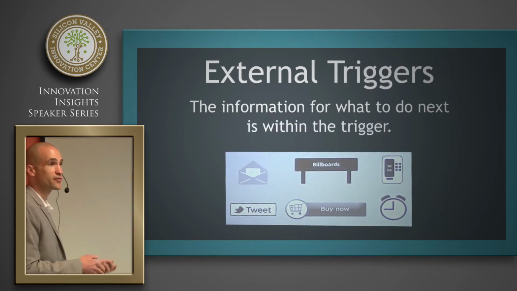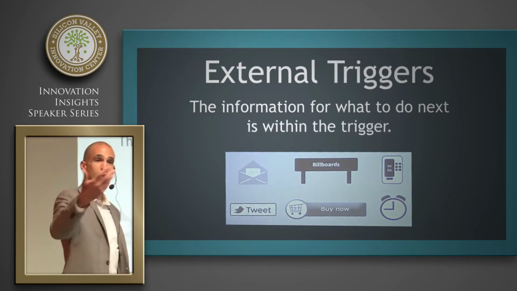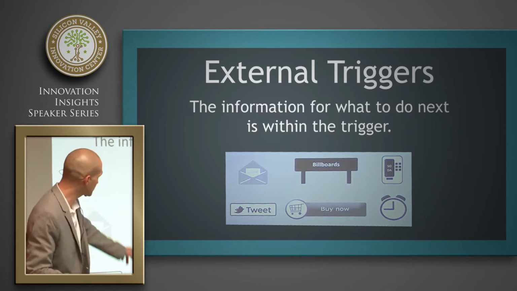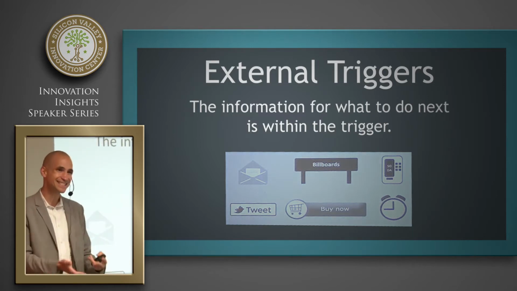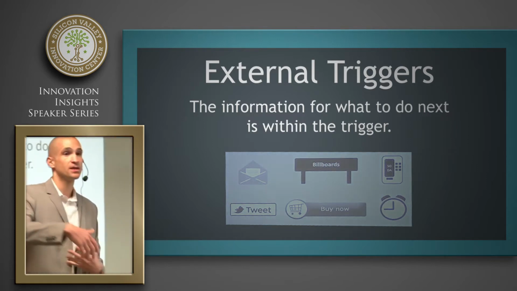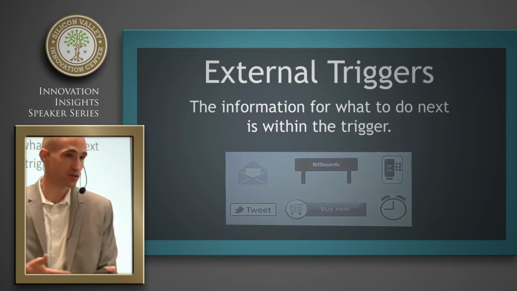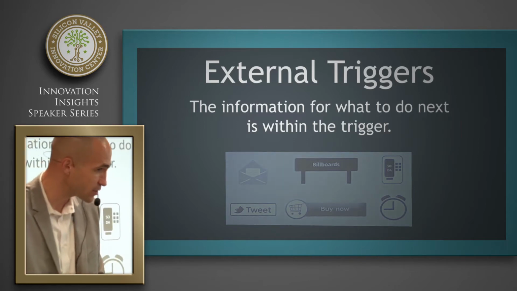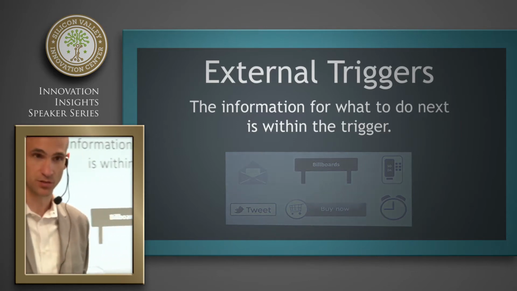External triggers you'll be very familiar with. These are things that tell us what to do next with some piece of information inside the trigger. So click here, buy now, play this, a friend telling you about an app through word of mouth, all examples of external triggers.